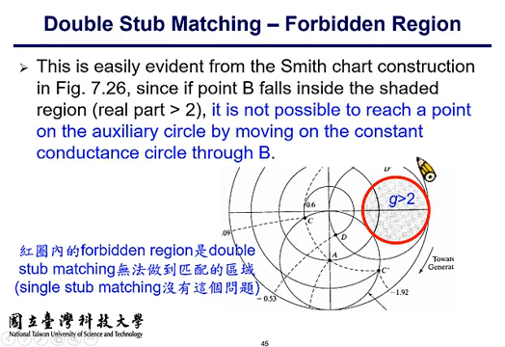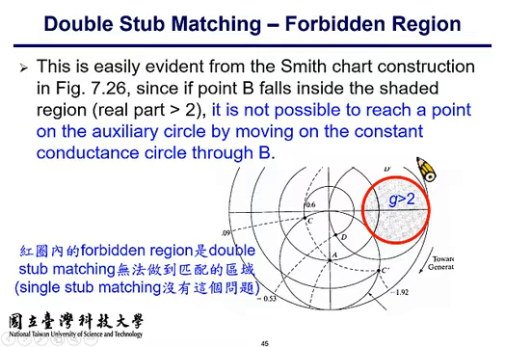So forbidden region, because we only adjust the susceptance, the imaginary part of the admittance, using the short stop. So once the real part of the admittance, that is G, is greater than 2, then you are powerless. The double stop matching technique is powerless.